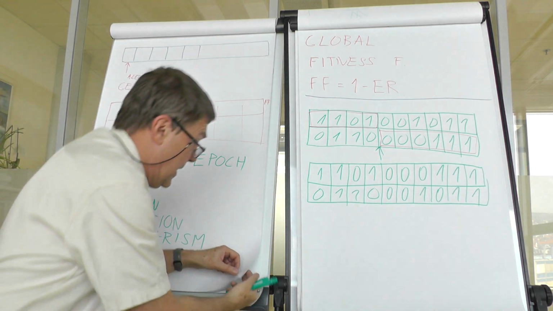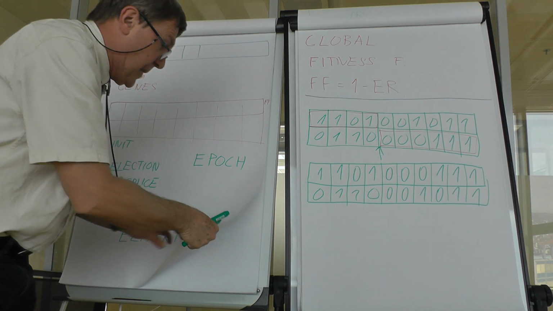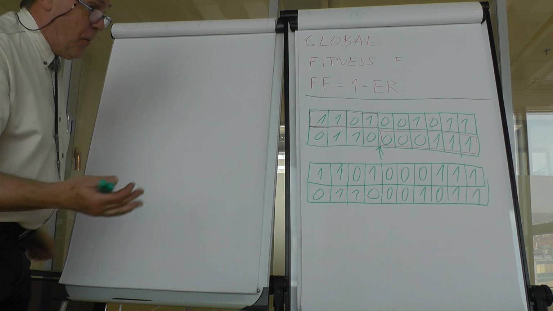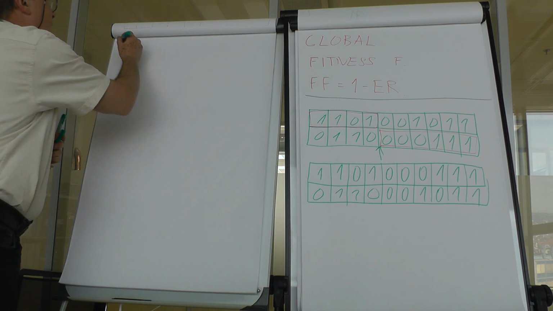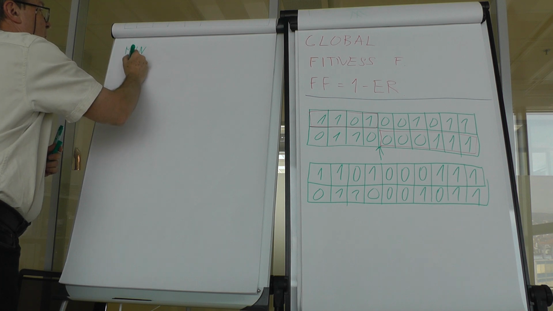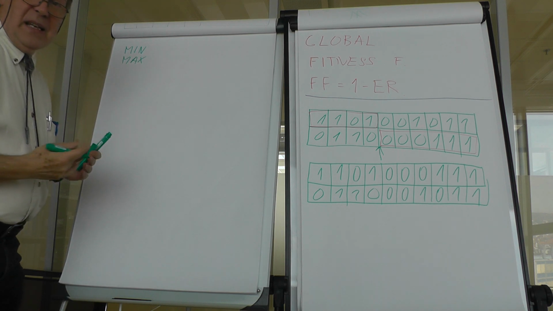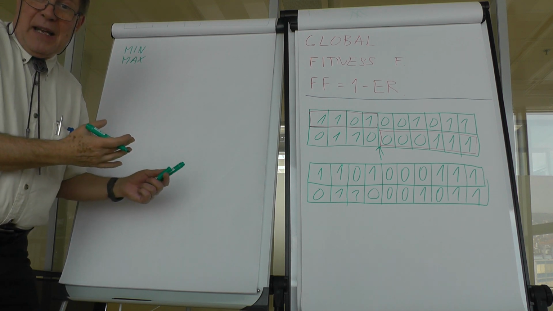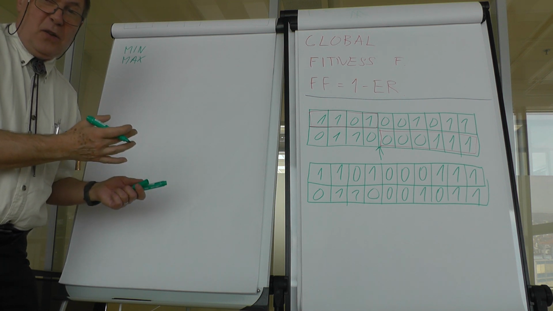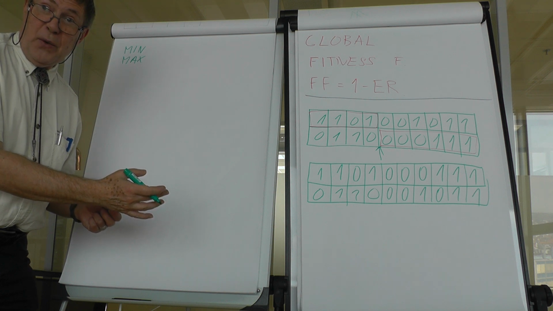How to do that? Let's say that I have, for example, an electric circuit. There is a number of elements, but for each of them I have a minimum value and a maximum value. For example, I can buy a capacitor which is 1 picofarad. I cannot buy a smaller value.